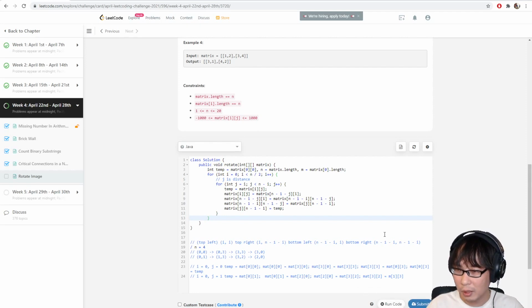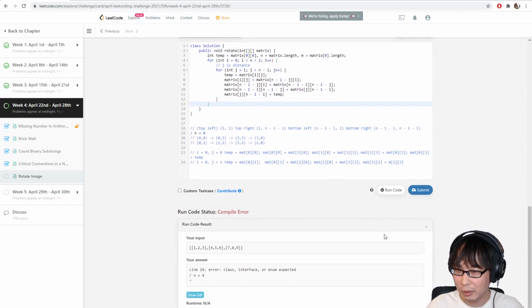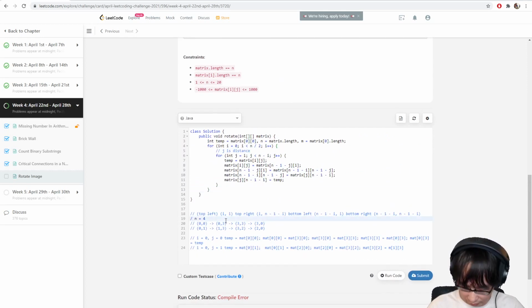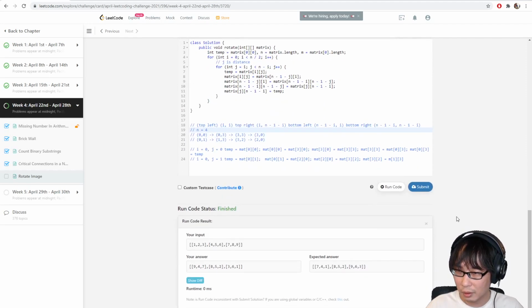Are we able to run this? Compile error. Line 19. What did I do? Oh my god, it's still wrong. Why?